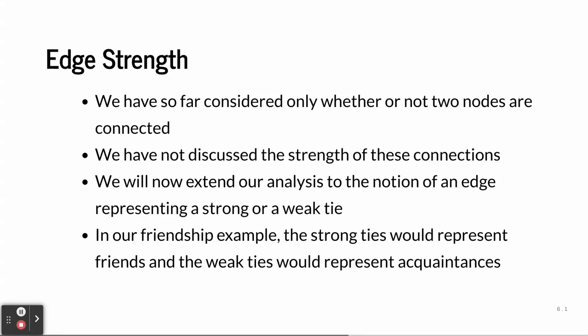In our friendship example, strong ties would represent good friends, and weak ties would represent acquaintances. This will help us speak to the analysis done on the job finding phenomenon by Granovetter.